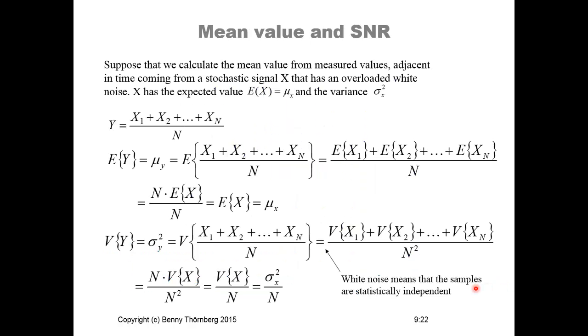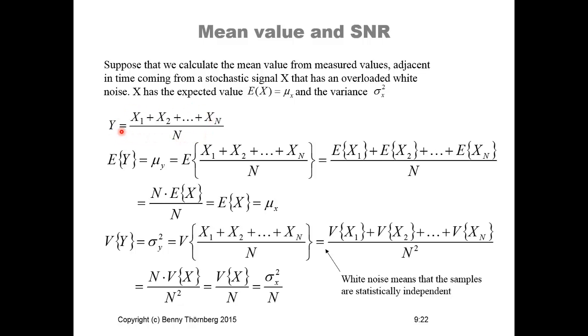We can continue then with a computation of the mean value from a stochastic signal x, and we take n number of samples. Each one of these samples can be considered as a new stochastic variable, because you can think of it that we are repeating this mean value computation over and over in time.